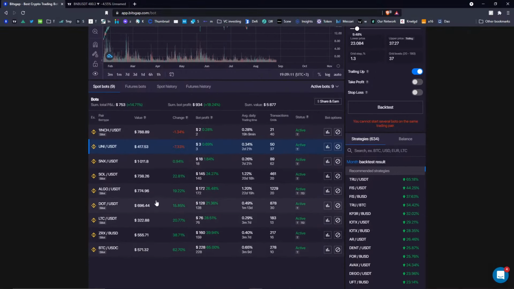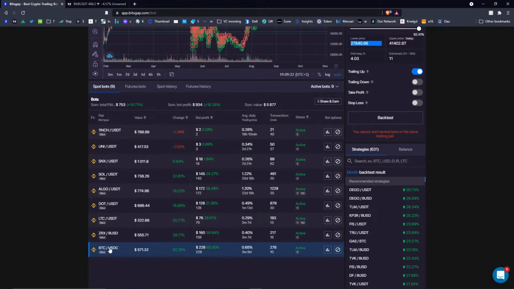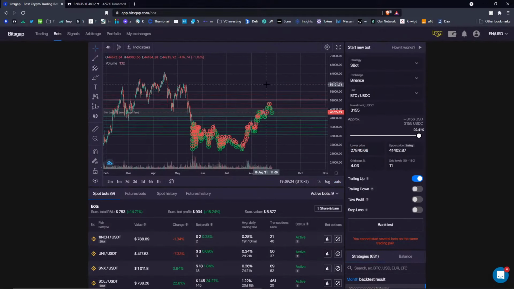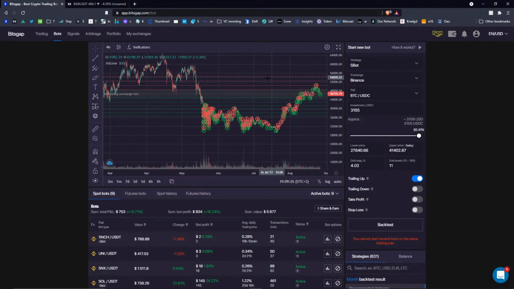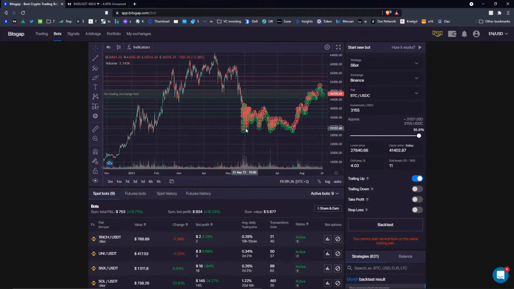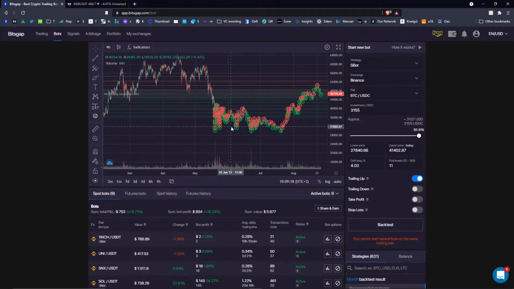As for the rest, 6 strategies I have, you can see that some of them have been present for like 3 months already. For example, for Bitcoin, quick recap: I opened this strategy back when the price of Bitcoin was falling, and you can see all these green and red circles.